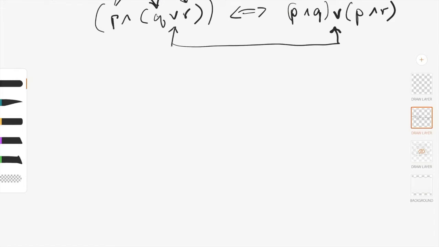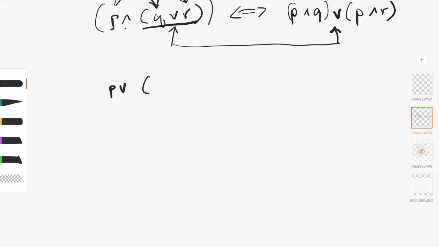What's distributed in the first version is the and. The and is distributed over an or. So we end up with the and being connected by the or. Here we have an expression connected by and to a disjunction. So you could think of it as the and being distributed over the or. Of course, the alternate form does the opposite.